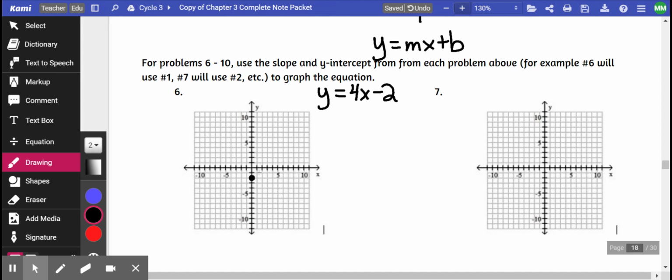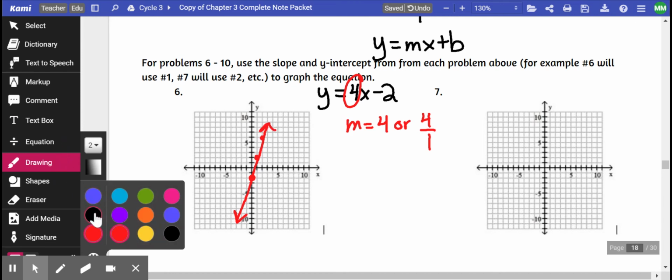All right, I put a point down at -2, and now I'm going to use my slope. My slope is 4 or 4 over 1, so I'm going to go up 4 over 1. And if I want, I can do that again, and I'll get a nicer line. And that's my equation.